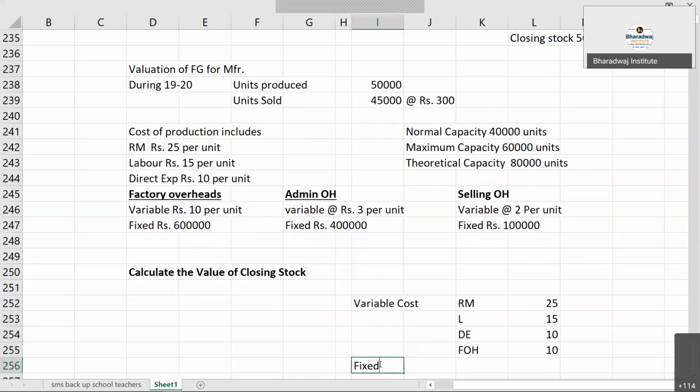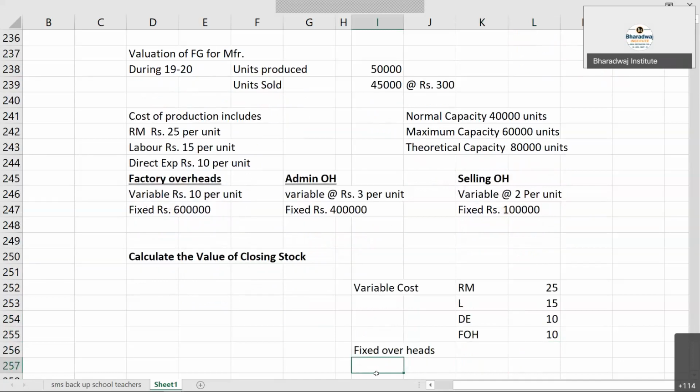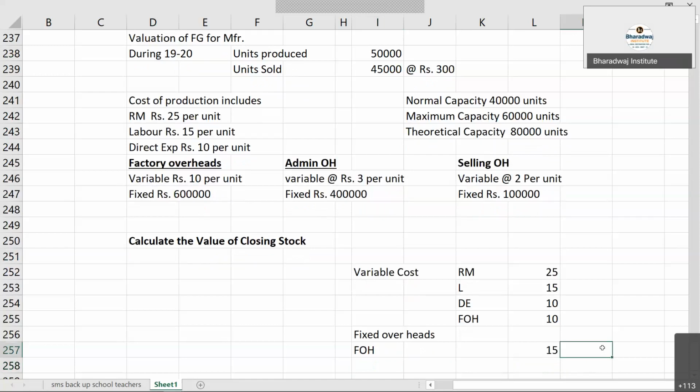Fixed overheads: only factory overheads related to production can be taken based on the normal capacity. 6 lakhs divided by what is the normal capacity? 40,000.